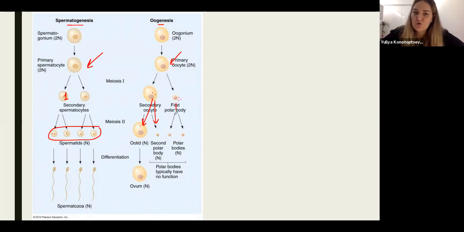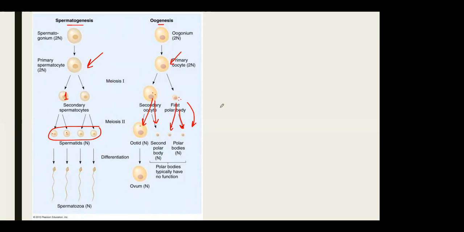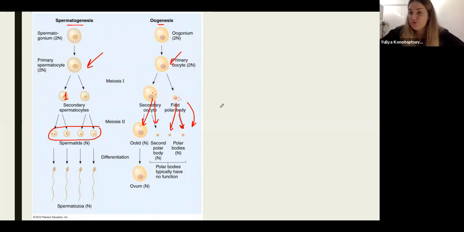Because do you see, it also gives rise to 2 cells, which of course are going to be polar bodies as well. But how is it still capable of dividing? Why is it still dividing, the polar body? We said it has little to no cytoplasm, but what does it have to divide? Chromosomes? The nucleus, yeah, the chromosomes, the nucleus, and etc.